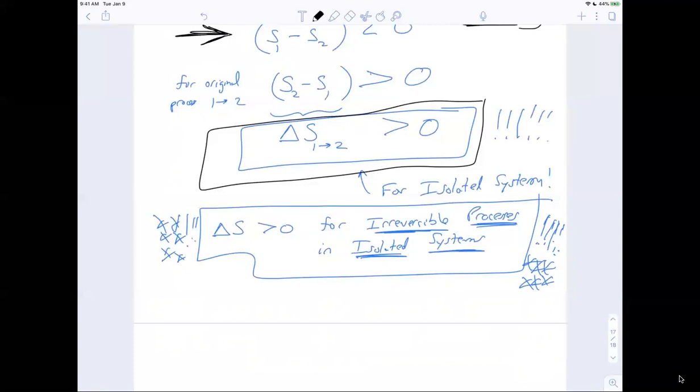The question we were asking is: what is delta S for an isolated system that undergoes an irreversible process? For an isolated system that undergoes an irreversible process, the entropy change is greater than 0. Note that there is no equal sign, it's just a greater than sign. This is a very profound result.